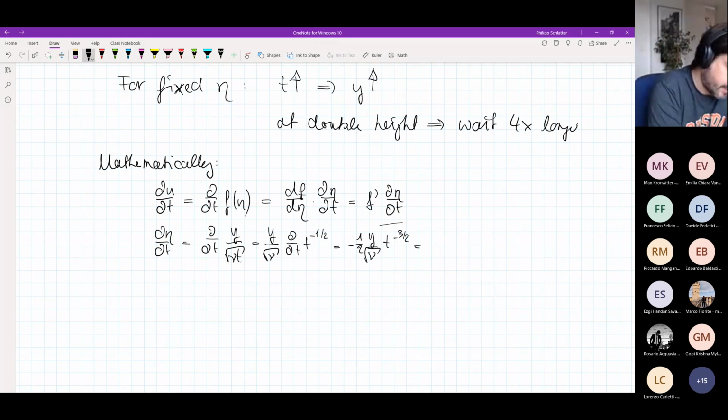And this gives me -1/2 of y divided by the square root of nu t times 1 divided by t.